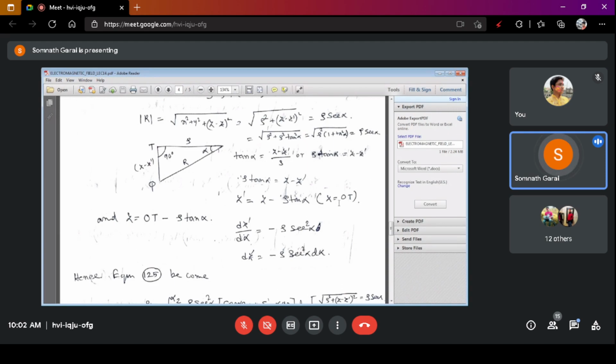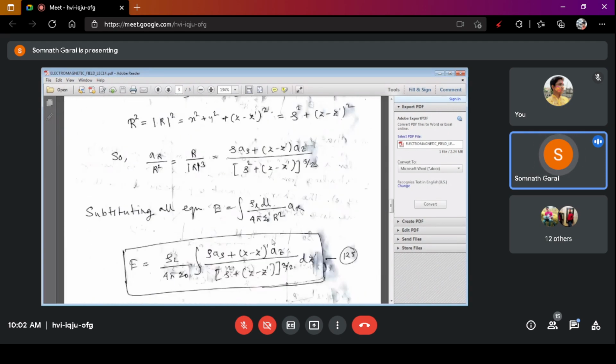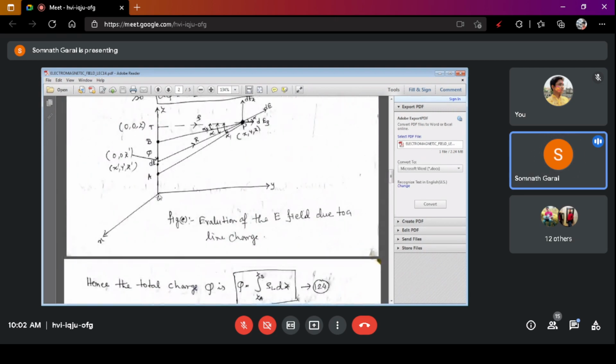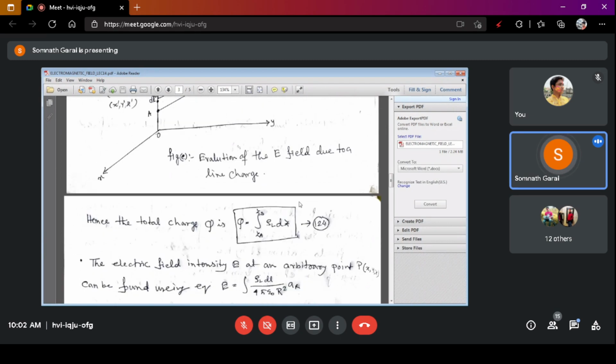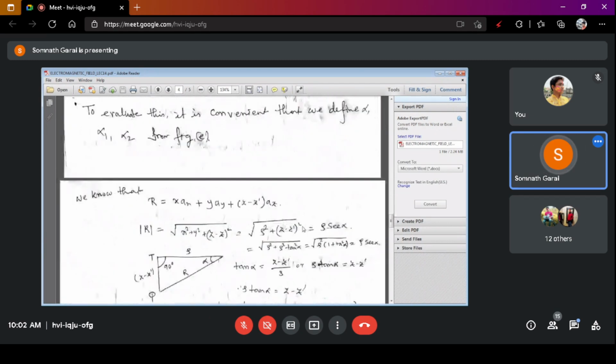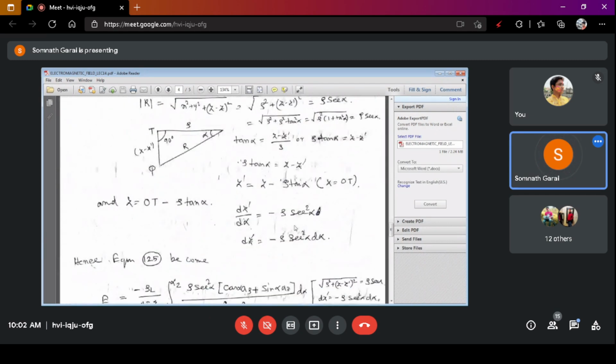Here z is equal to OT. This value is z. So z dot is equal to z minus rho tan alpha, so we can also write z dot is equal to OT minus rho tan alpha.